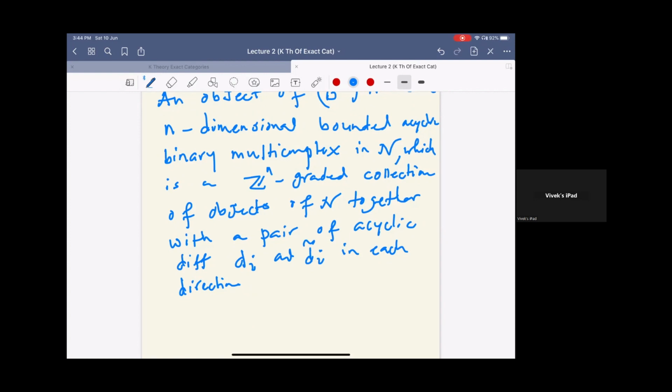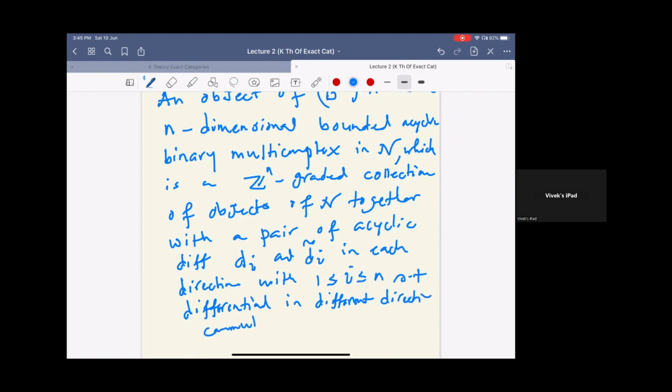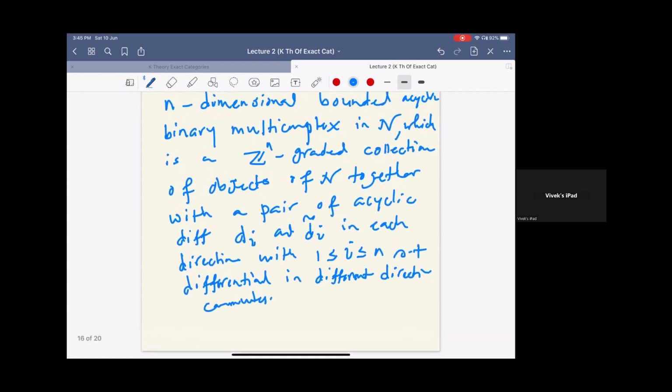So you have a pair of acyclic differentials in each direction such that differentials in different directions commute. Because differentials in the different directions are connected by chain maps, each must commute with the other differentials also.